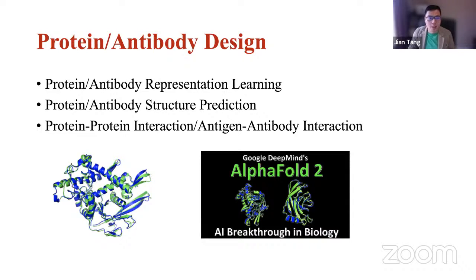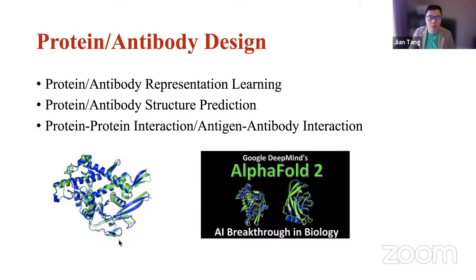We are also very actively working on big molecule design, like protein and antibody design. There's a really huge opportunity there, because now we have a lot of data in this domain, thanks to next generation sequencing and synthetic biology, right? We are able to sequence protein sequences and also synthesize protein sequences, which generates a lot of data.